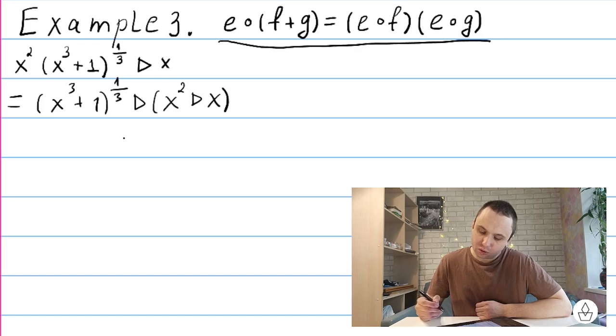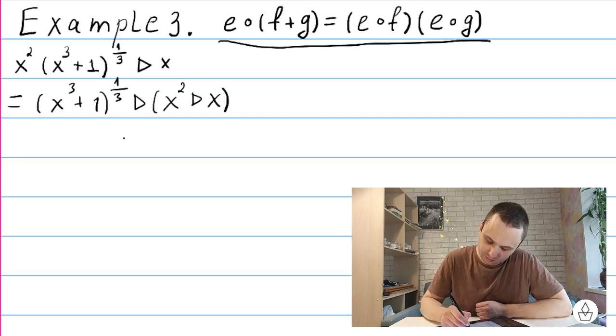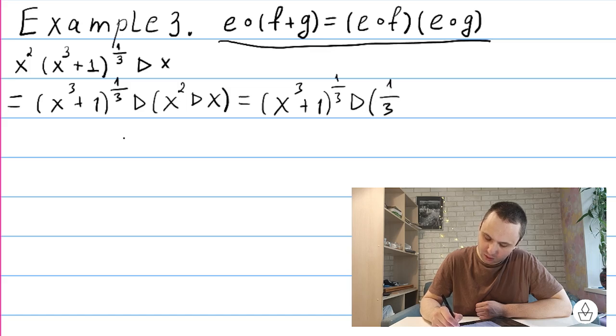Integrating the x squared object implicitly uses the additivity of the exponent. I'm not going into details. You can find them in my recent paper. X cubed plus 1 to the 1/3, integral 1 over 3 x cubed.